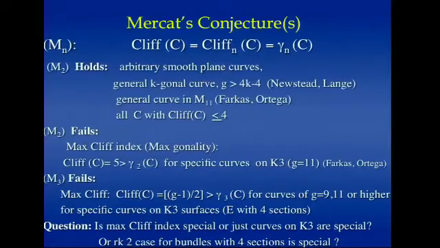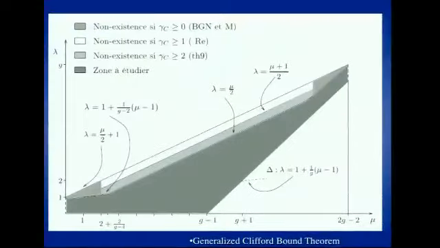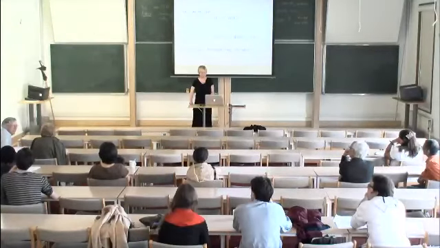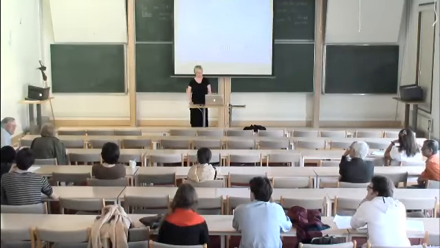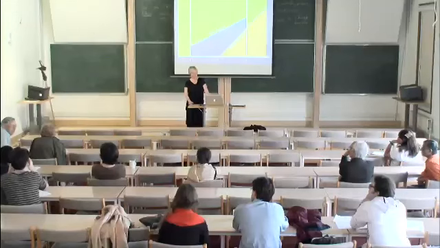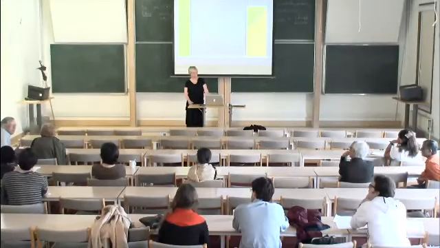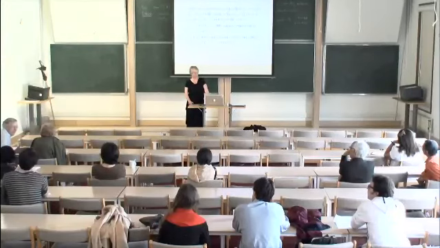Could I make a comment on this? Sure. As far as having higher rank Clifford index less than the Clifford index, in other words counterexamples to Mercat's conjecture, certainly all the examples so far constructed lie on curves on K3 surfaces. However, you can get negative Brill-Noether numbers for general curves.